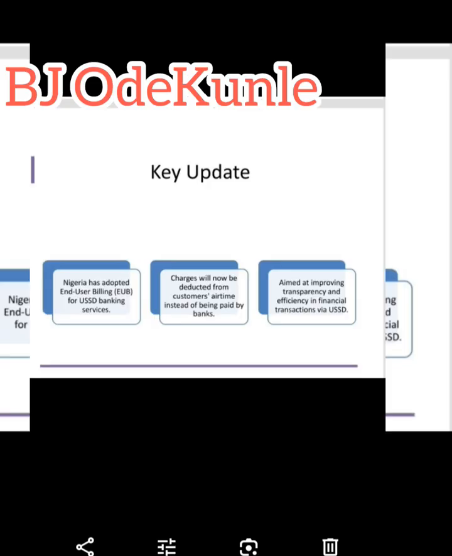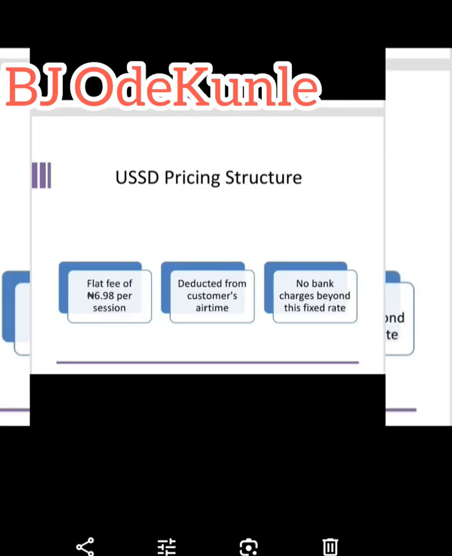So let's go to the next slide. The USSD pricing structure. 6 naira 98 kobo will be charged per session, meaning that if I use it 1 million times, they will remove 6 naira 98 kobo from my airtime. That's from my credit. Let's use Nigerian language. The credit wey dey for my line, my MTN line, they will charge am 6 naira 98 kobo.